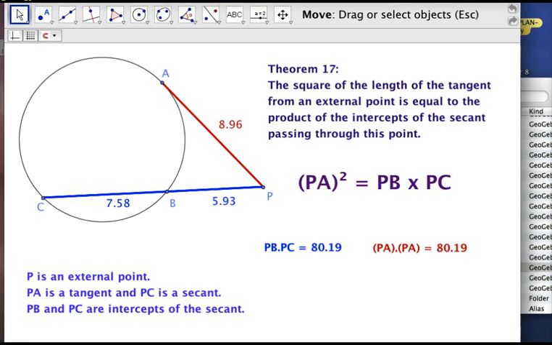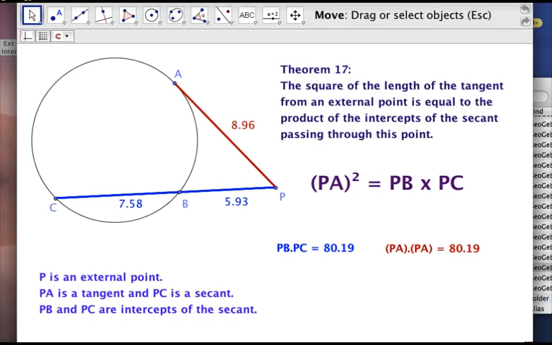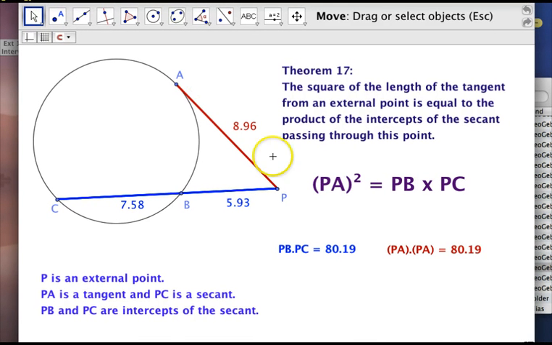Okay, girls, this last one is here. And here it is. Okay, theorem 17. PC is called, what is it, a chord or a secant? PC.